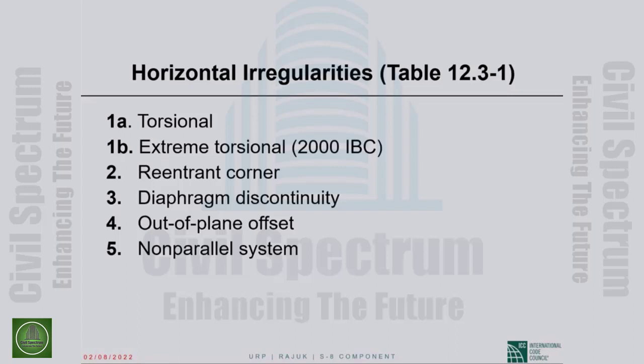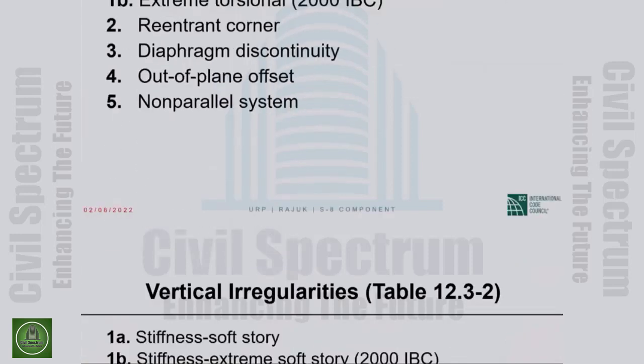Okay, so I want to take you through basically all of that. What is the definition, and what does ASCE 7 ask you to do if you have that particular type of irregularity?